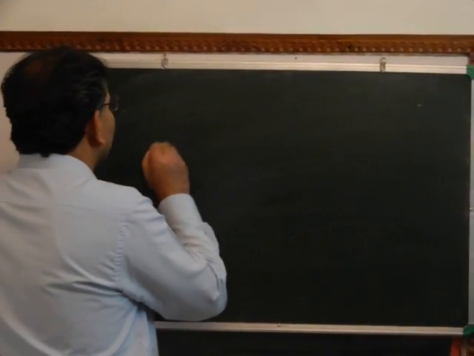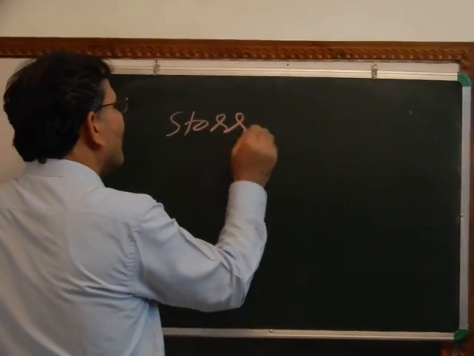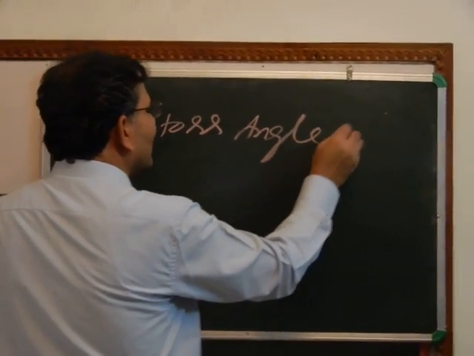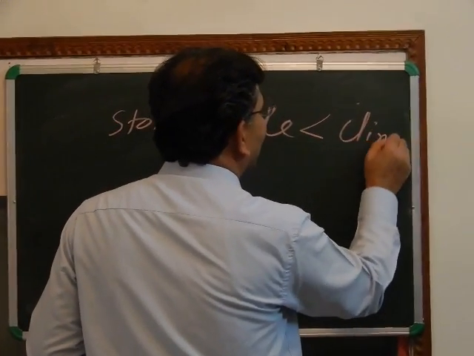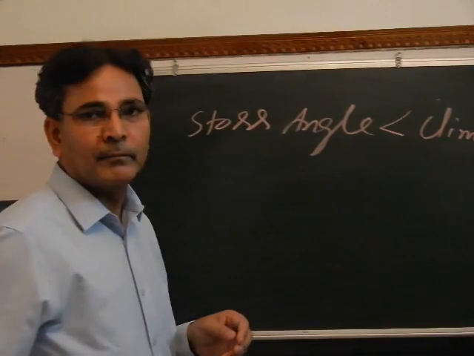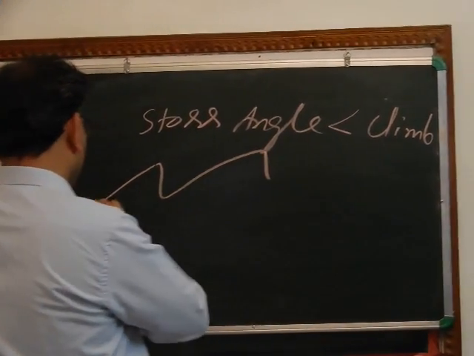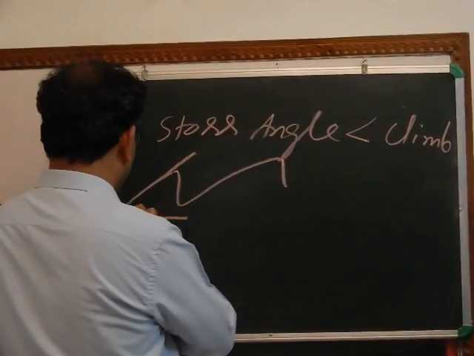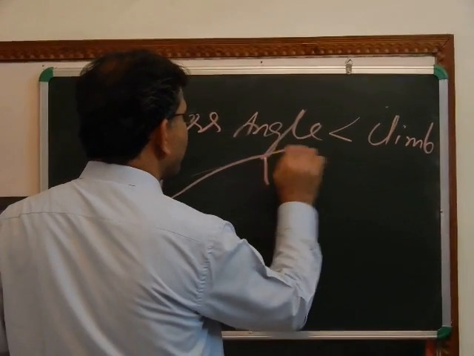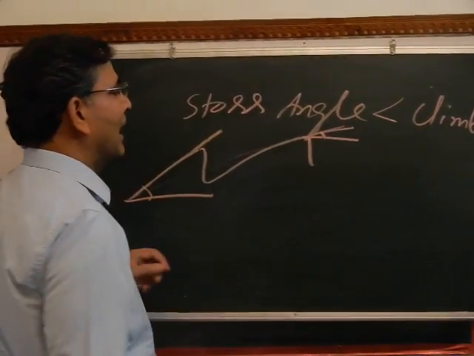And if the stoss angle is smaller than the angle of climb, this is the stoss angle and this is the angle of climb.